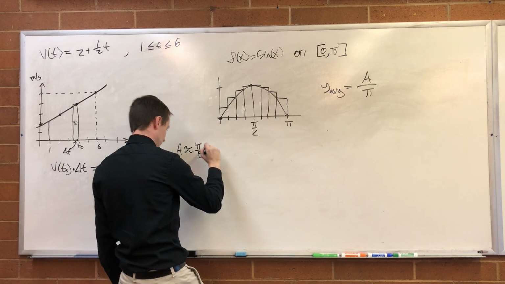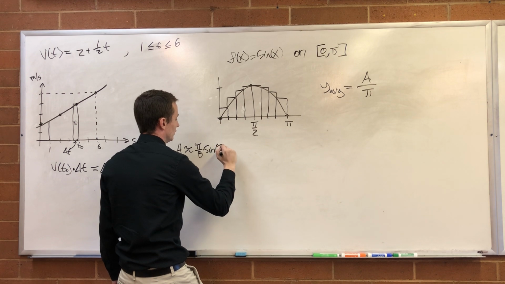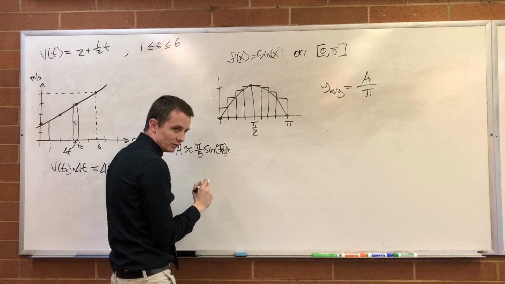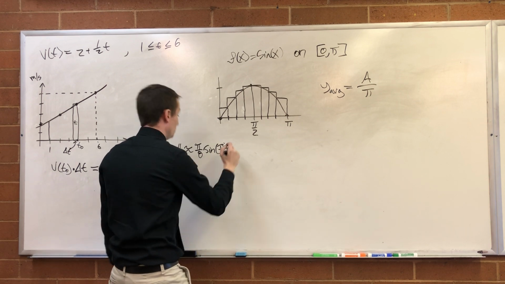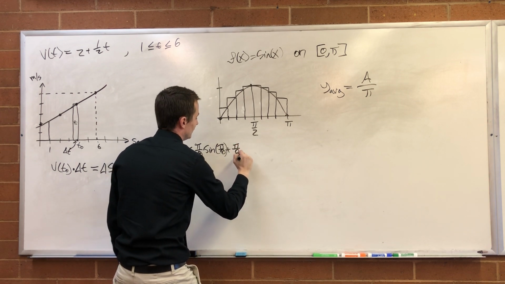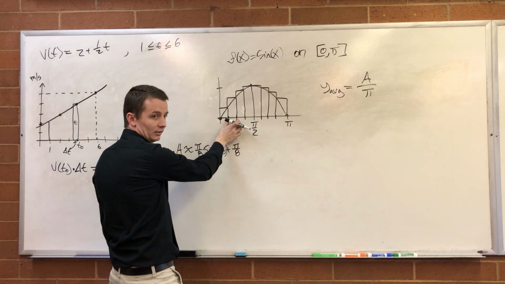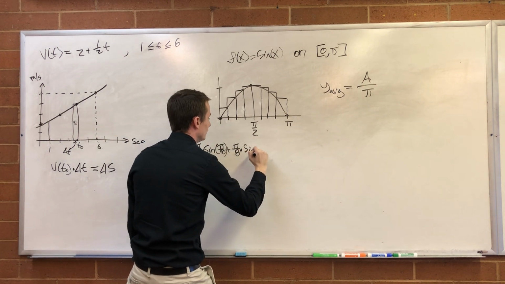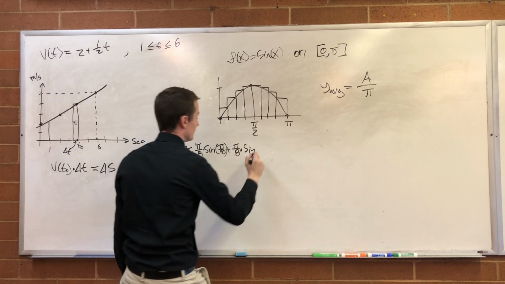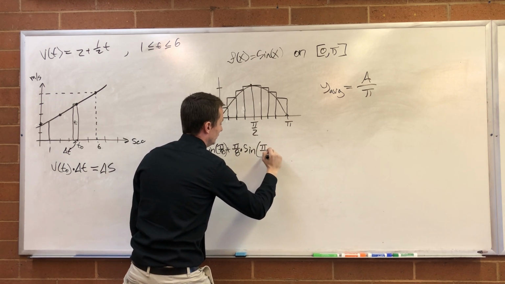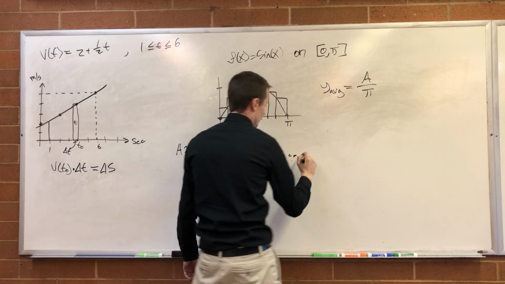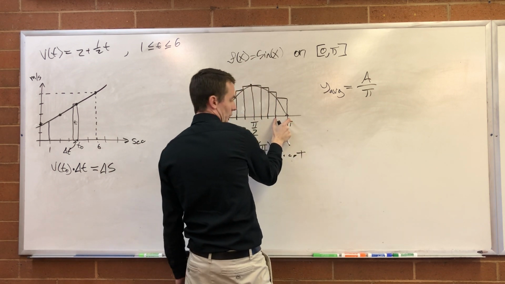Sine of pi over 8. Plus, the base is pi over 8, times the height. I have to calculate this rectangle now, so 2 pi over 8, which is pi over 4. Plus, and you get it, we need to calculate each of these. Plus, all the way to the very last one.